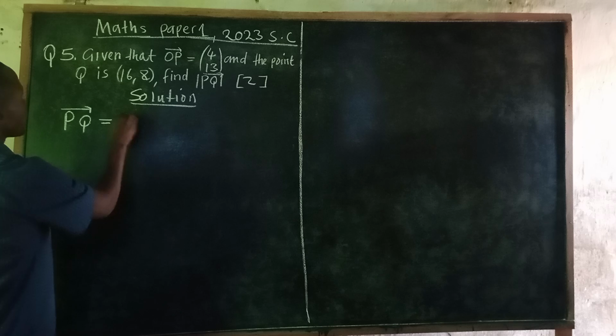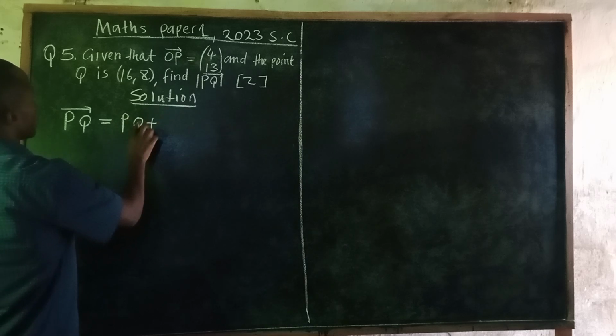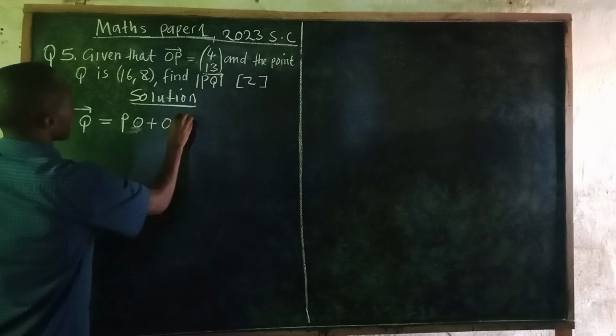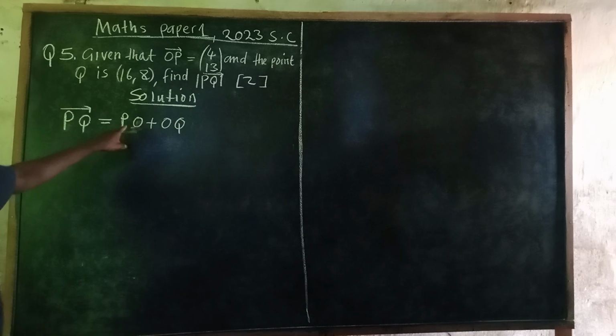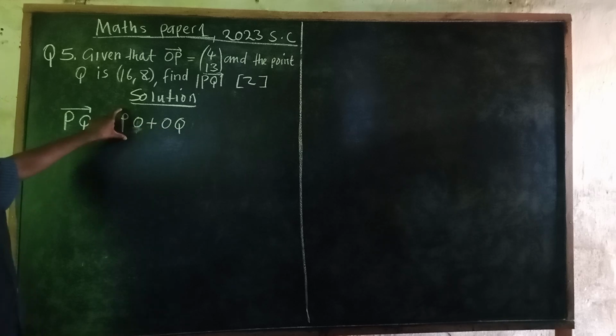So we are going to say PO plus OQ. So for it to reach from P to Q, it moves like this.